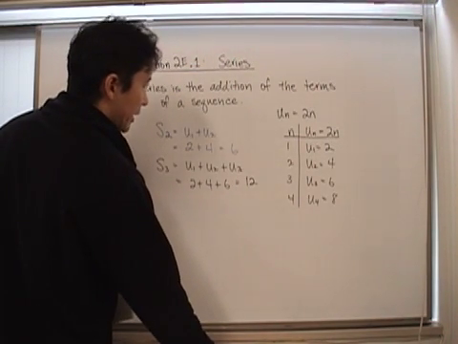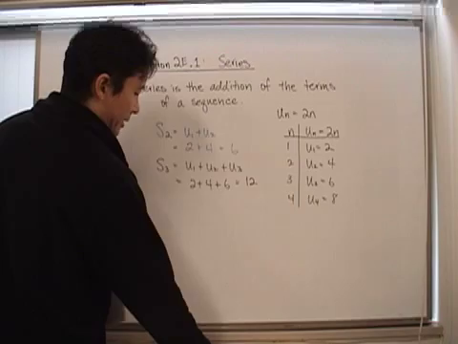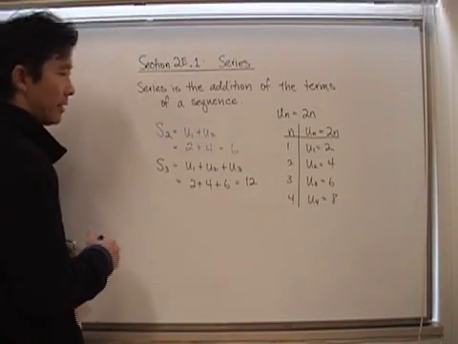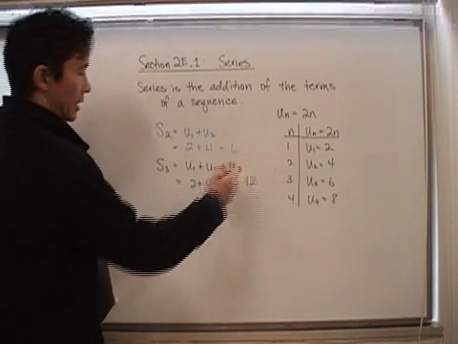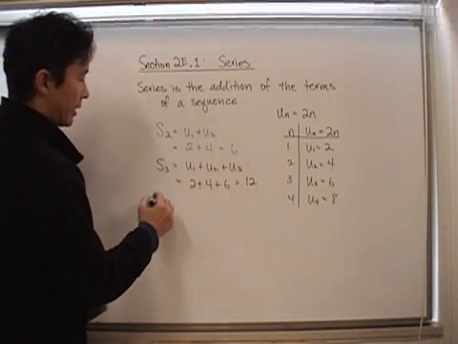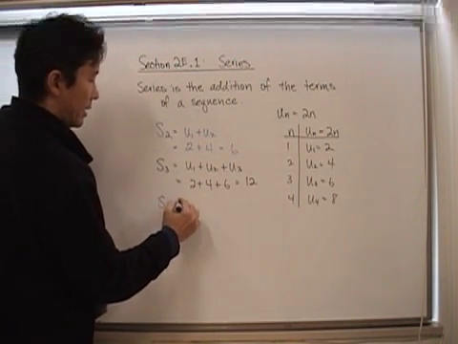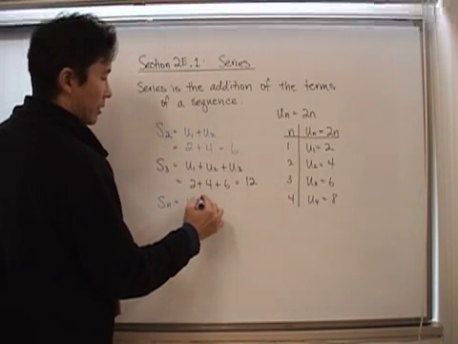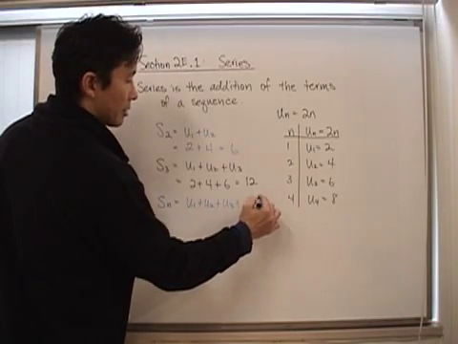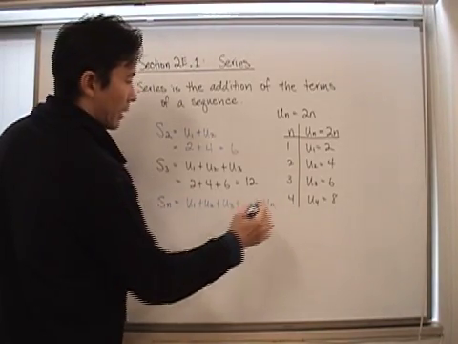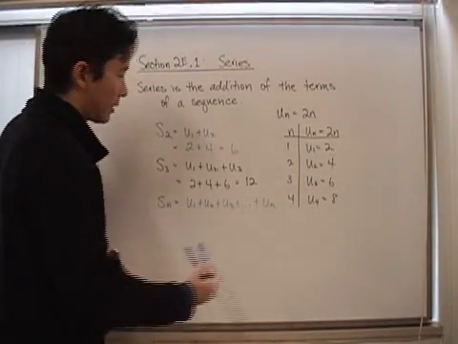So what I can do is generalize now and say that if I wanted to add the first n terms of the sequence, I could write it this way. S of n is just going to be equal to u sub 1 plus u sub 2 plus u sub 3 plus all of the terms all the way up to the u sub n term. Okay, and there you go.